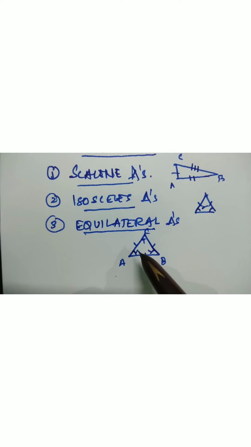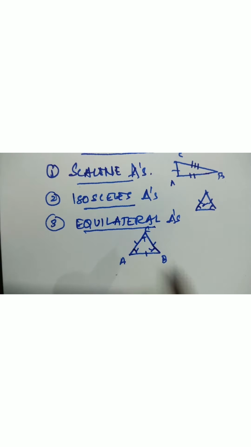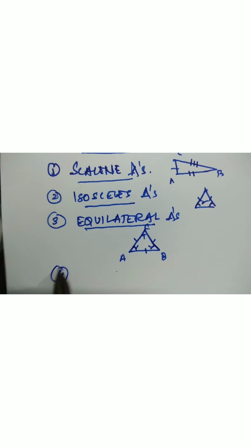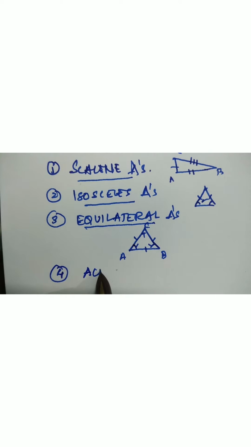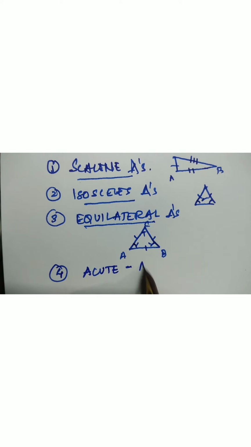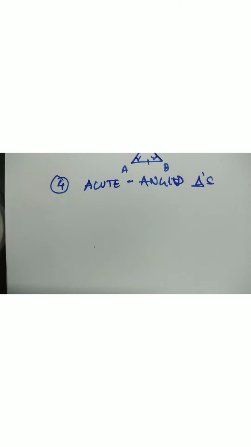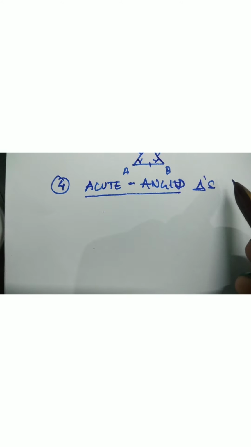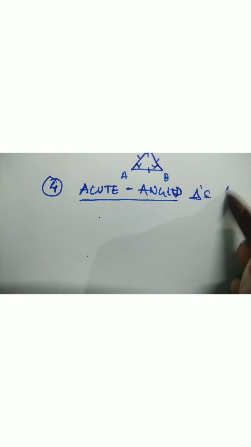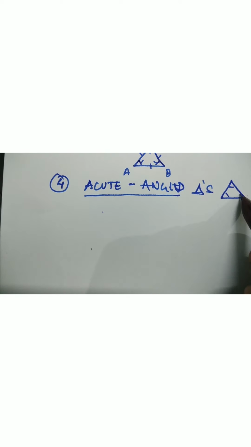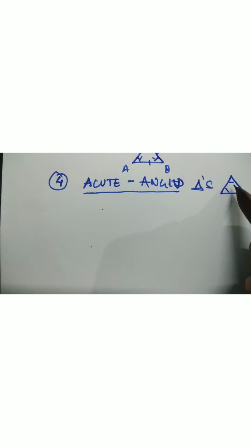We can also categorize the triangles on the basis of the angles. And with that we can have acute angled triangles. What are acute angle triangles? Acute angle triangles are those where the angles of the triangle are all less than 90 degrees.